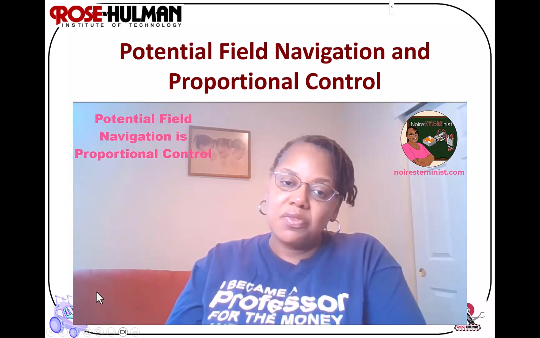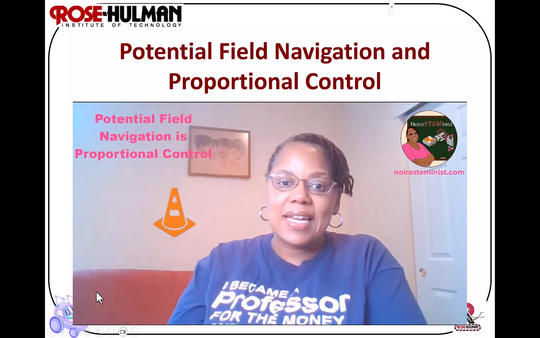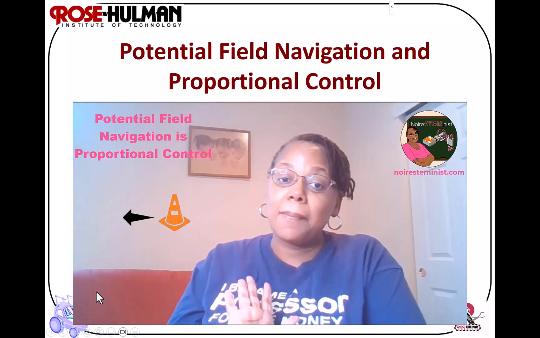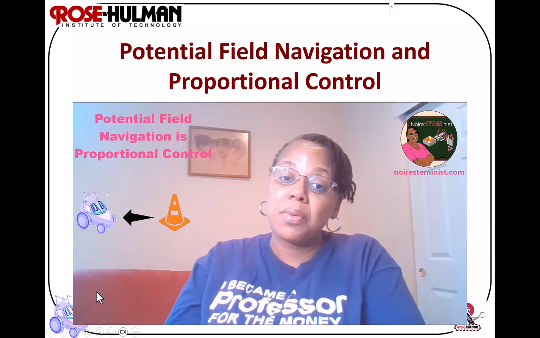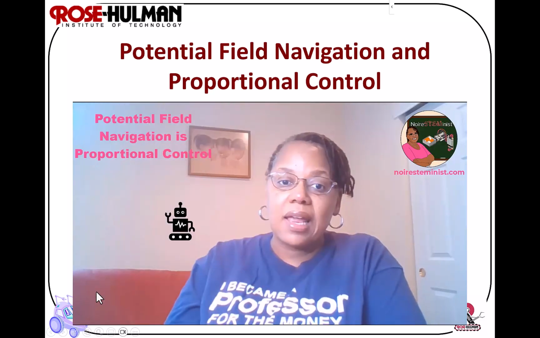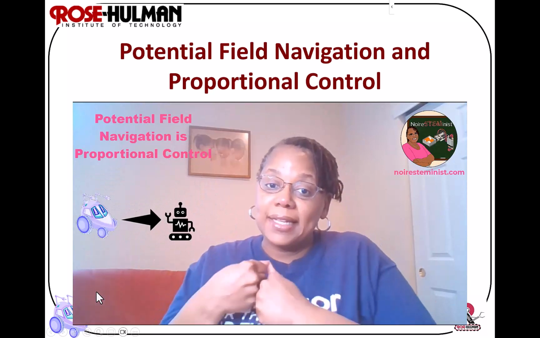So in potential field navigation, obstacles are seen as a vector with a magnitude and direction that pushes the robot away or repels the robot, and goals are seen as a vector and a magnitude that draws the robot in.